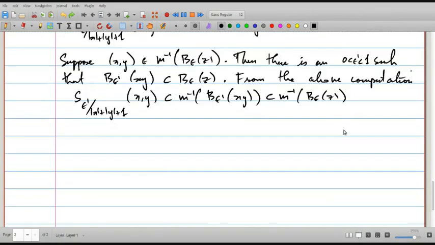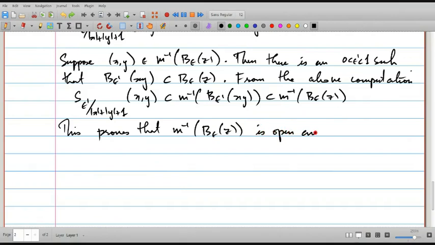So this proves that M inverse P epsilon z is open, and so M is continuous.